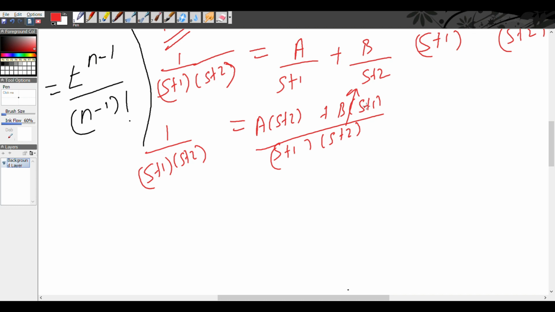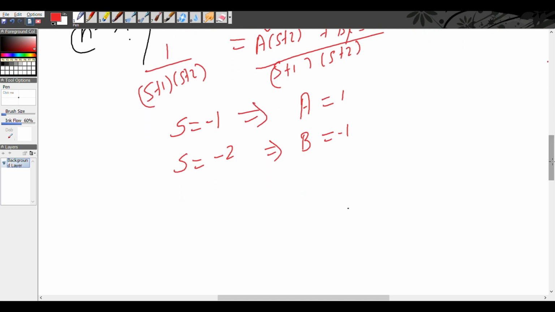Vanish means make it 0 so that you can find a, right? Do the same thing with a and you will find b. So try to put the value of s equal to minus 1, so that this will give me the value of a as 1. The next process, put the value of s equal to minus 2 right here, so that will give me the value of b as minus 1.